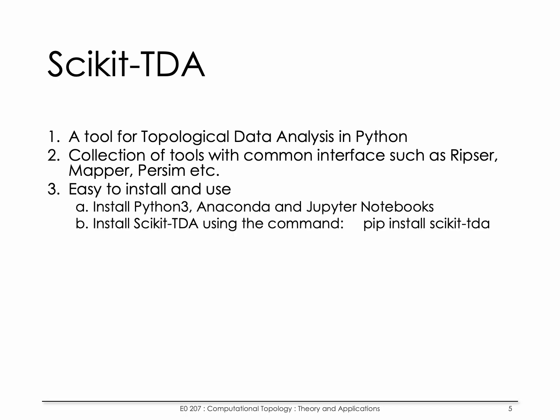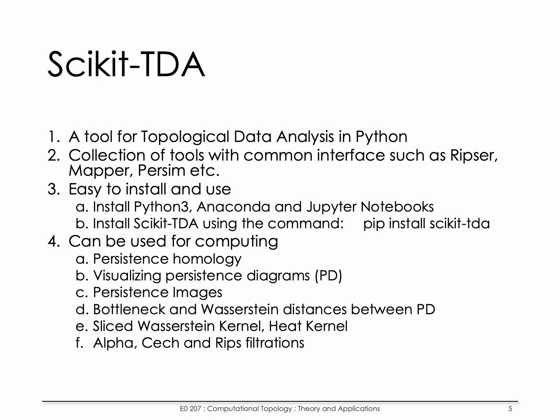Scikit TDA is easy to install and use. It just requires Python 3, and it's based on an Anaconda installer and Jupyter notebooks. Scikit TDA can be used for computing various quantities, including persistent homology. It can be used to compute persistence diagrams and display them.